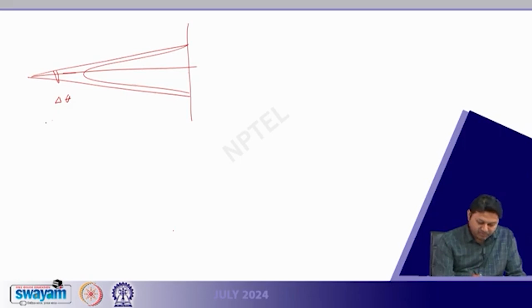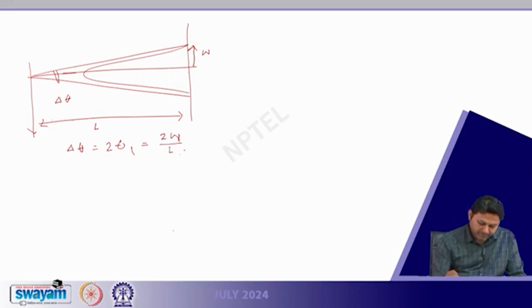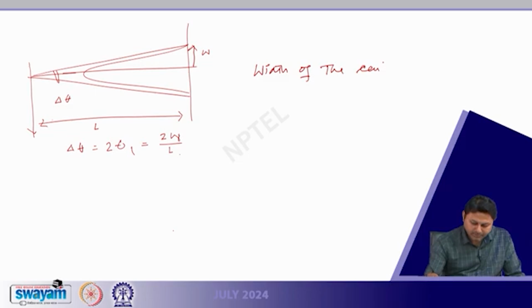If from this point it is L from here to here, and here to here it is W, then delta theta equals 2 theta 1, which is 2 W divided by L, and the width of the central maxima will be simply 2 W, that is 2 lambda L divided by d.